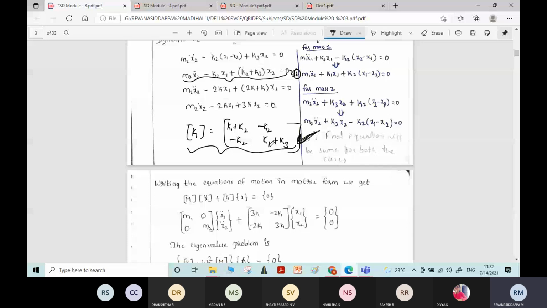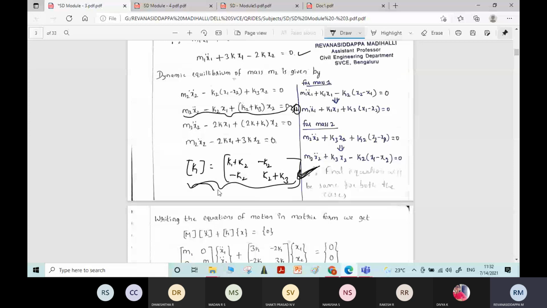You will get the same stiffness matrix for any problem with two masses. This is the standard stiffness matrix equation. If you are getting a different matrix, then there is something wrong in your calculation. Remember this equation for two masses.